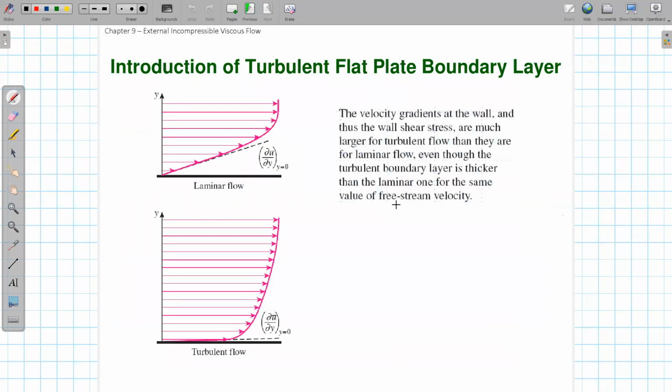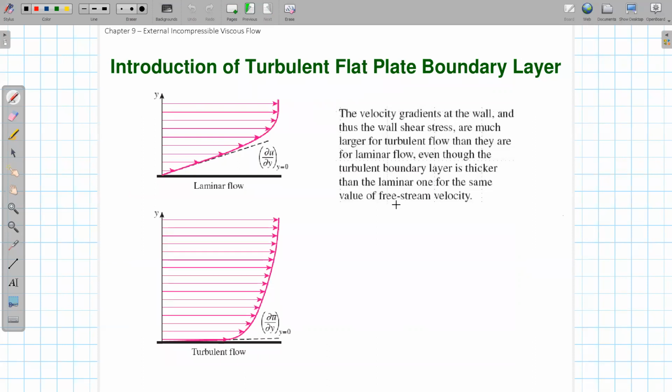As I mentioned, we're only focusing on the laminar boundary layer. But if the local Reynolds number is larger than 5 times 10 to the power 5, the boundary layer will become turbulent flow. For turbulent flow, things become very complicated.